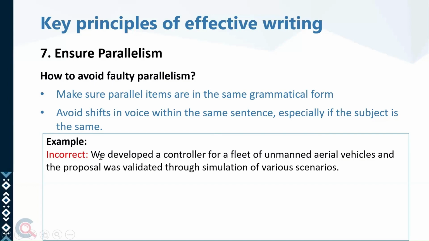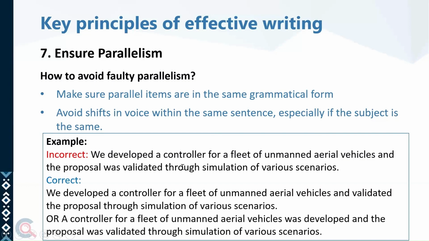And we are combining it with a passive voice, which is wrong. So the correct way to say it is, "We developed a controller for a fleet of unmanned aerial vehicles and validated the proposal through simulation of various scenarios." So discover that the first and the second portions of this sentence are both in the active form. Another way we could still write this sentence is to put both of them in the passive form, as we are seeing in this other part of the example.